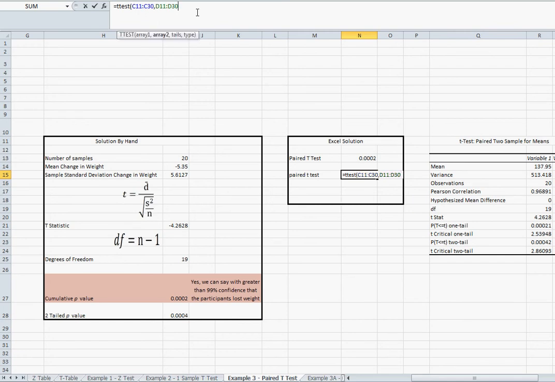Tails: 1 for one-tailed distribution, so we do want a one-tailed distribution just like we explained before. And then 1 for a paired distribution. Since we're doing a paired t-test, that's what we'll use, so we'll put a 1 there again. And then I get a value of 0.0002, just like when we calculated by hand.